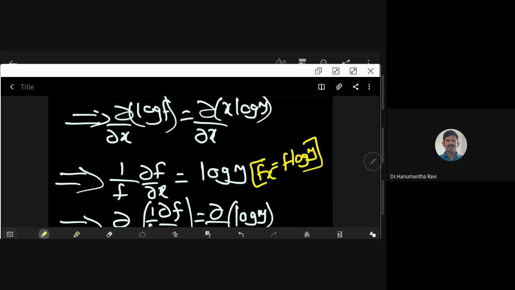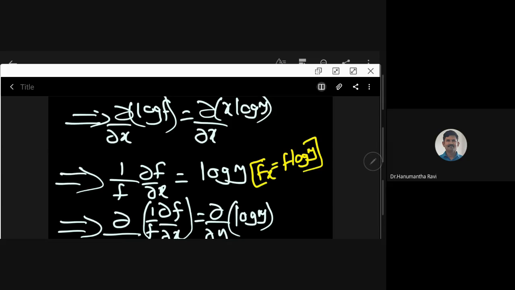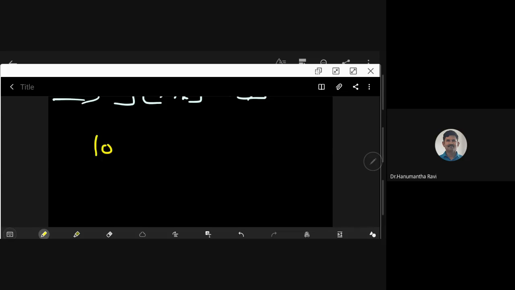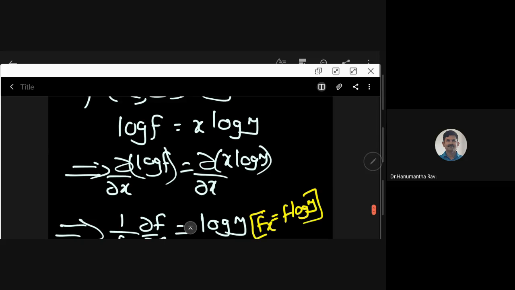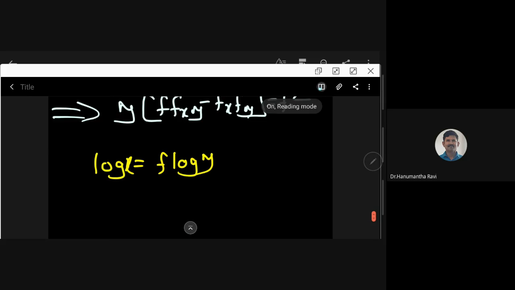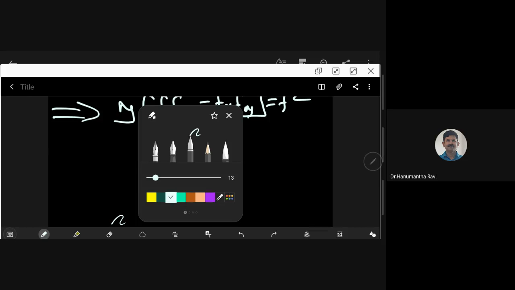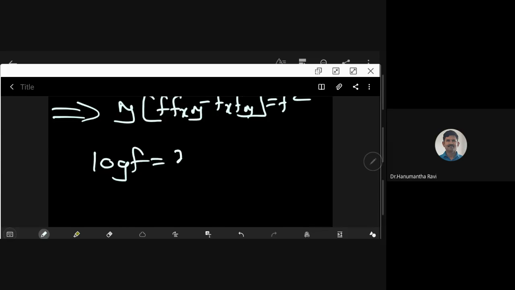Similarly, you can also calculate fy. See, log f is x log y.